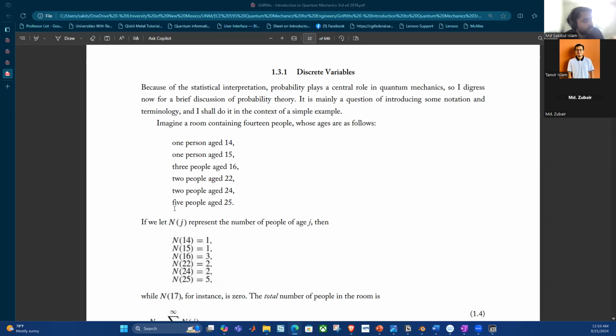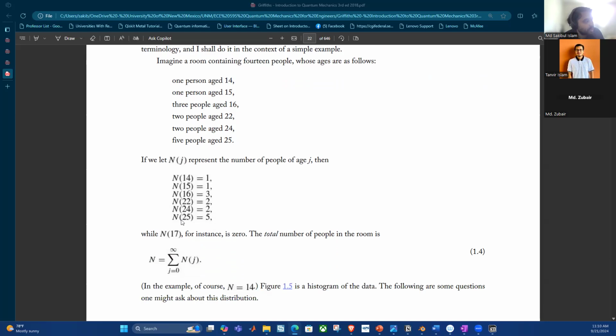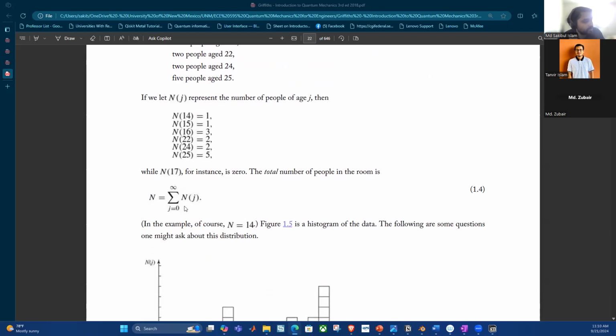It is five people actually. So here, age j is the discrete variable, and you can represent it this way.